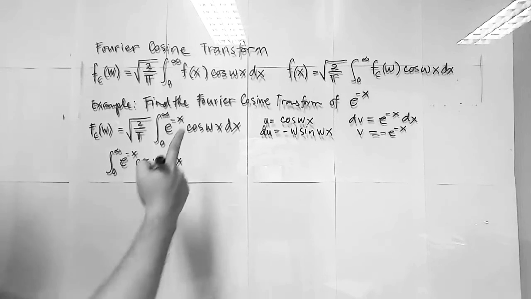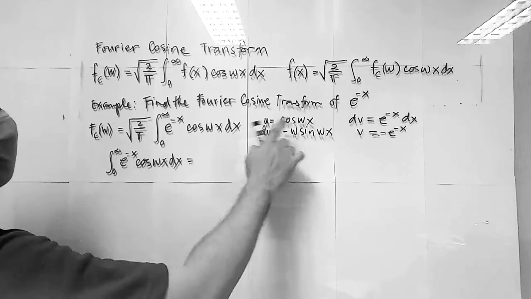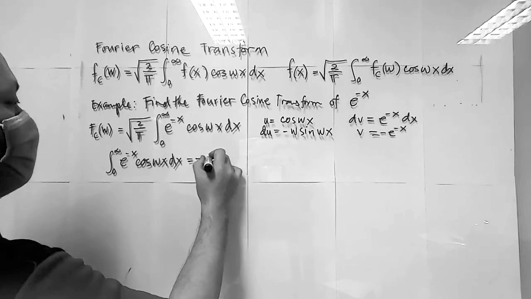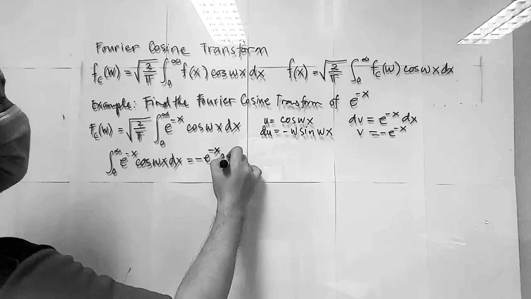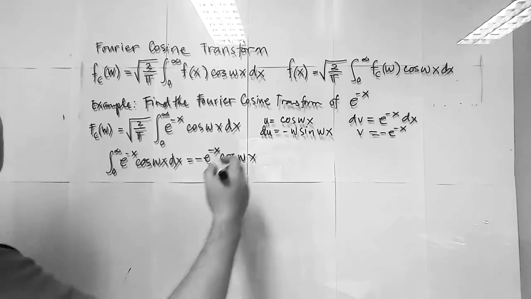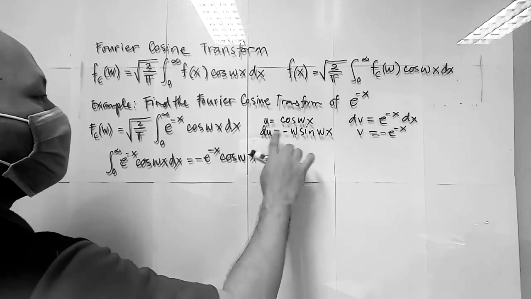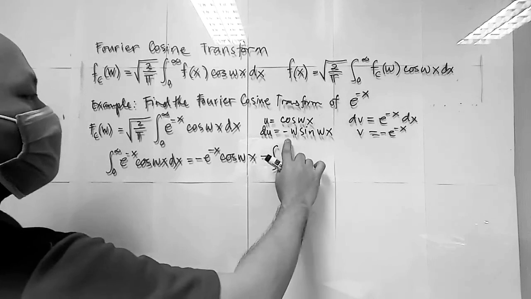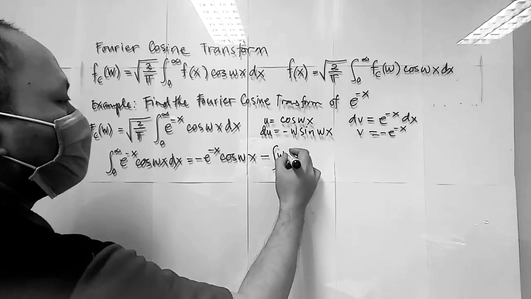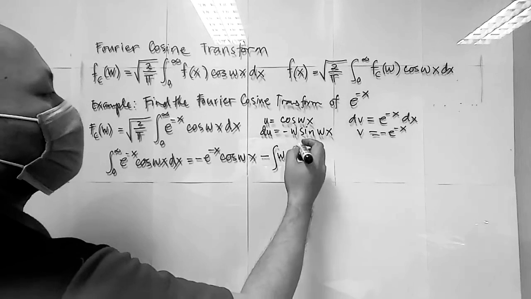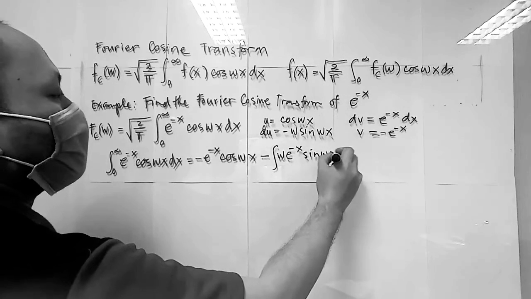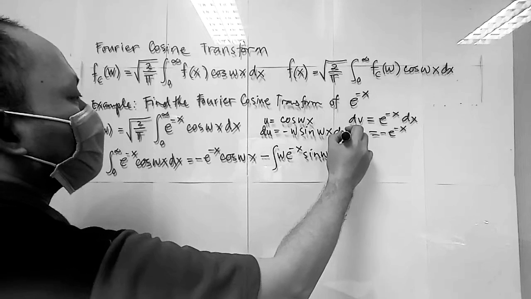That is u times v, negative e negative x cosine wx, minus the integral of v du. Negative times negative is positive, so we have w e negative x sine of wx dx.